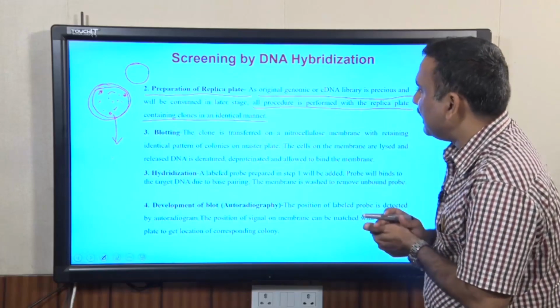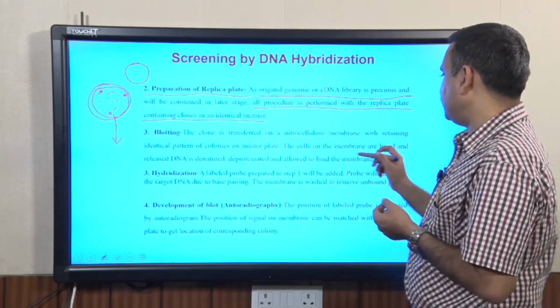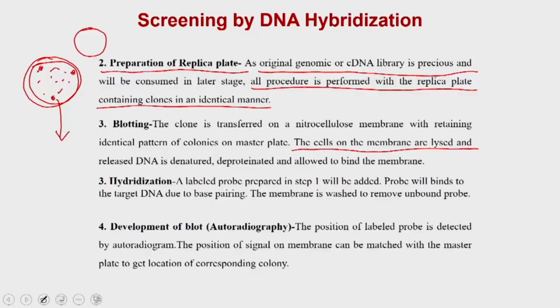Once your replica plate is ready, you have to lyse the cells which are transferred onto the membrane, release the denatured DNA, remove the proteins, and then the DNA is allowed to bind to the membrane.